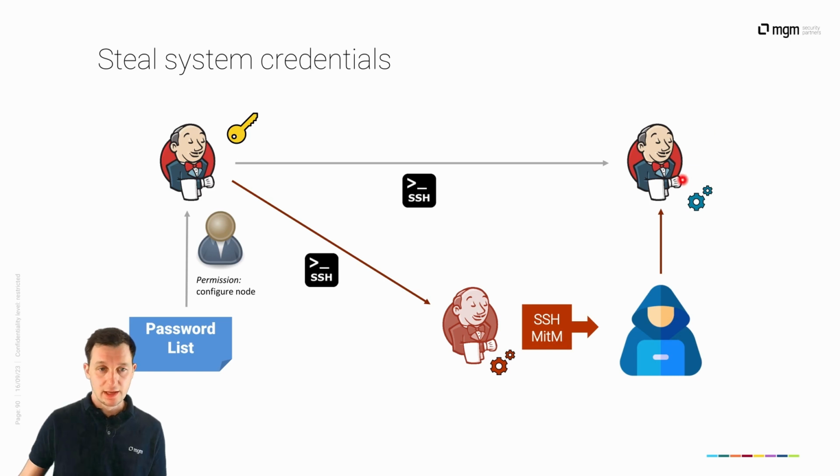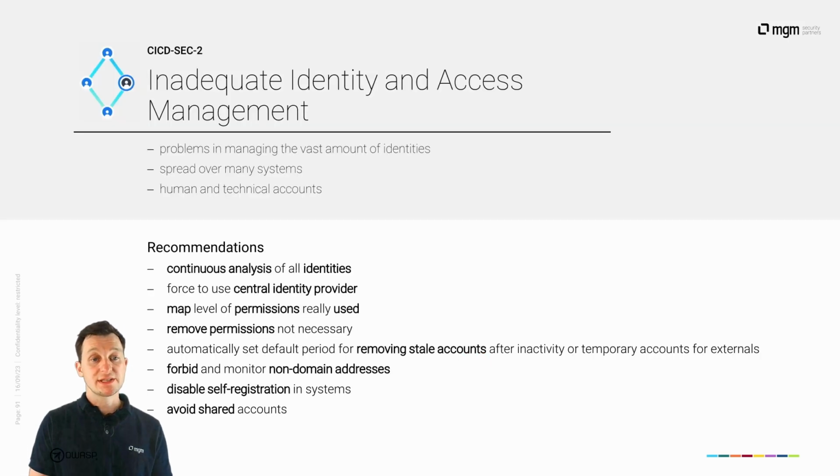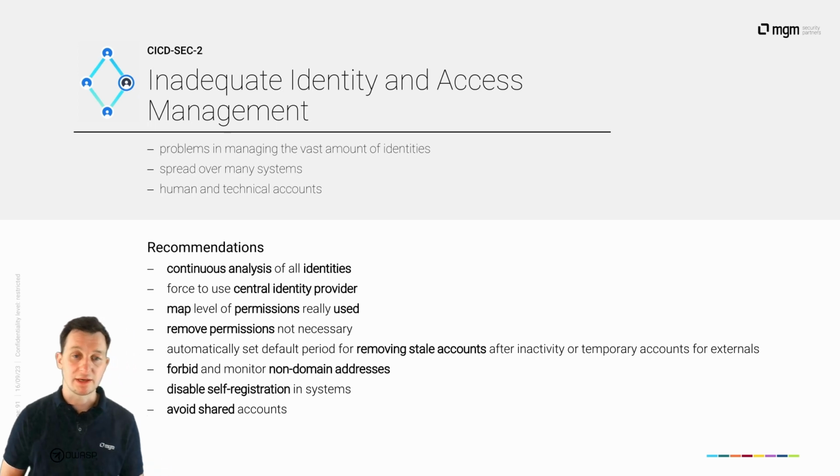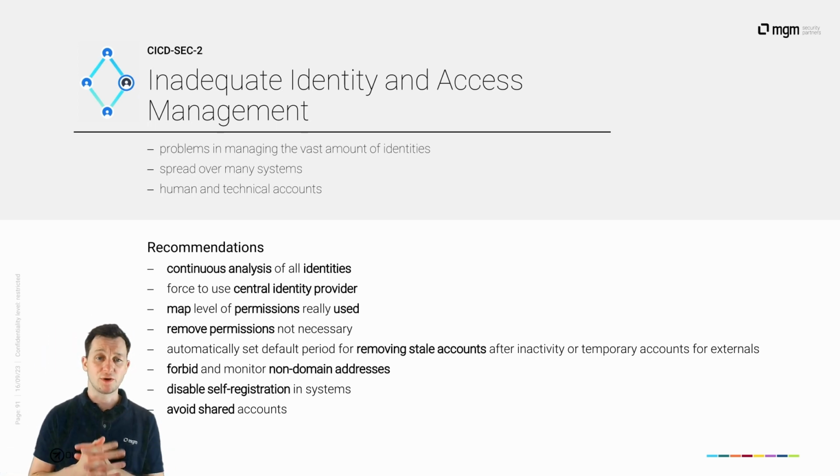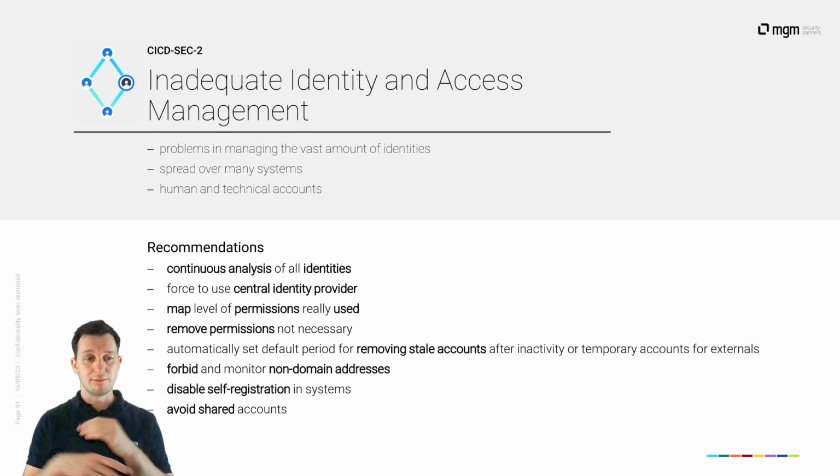Okay. What we can sum this up under is inadequate identity and access management. The idea behind it is that we have problems managing the vast amount of identities over many systems.